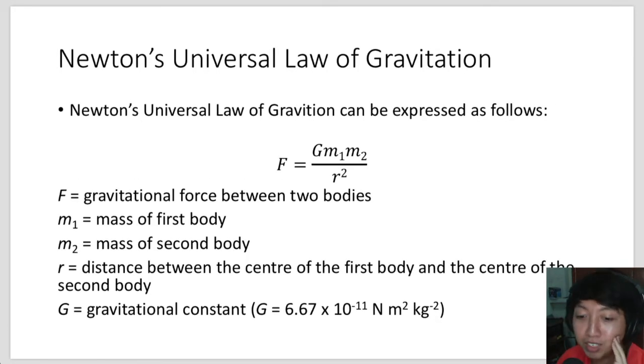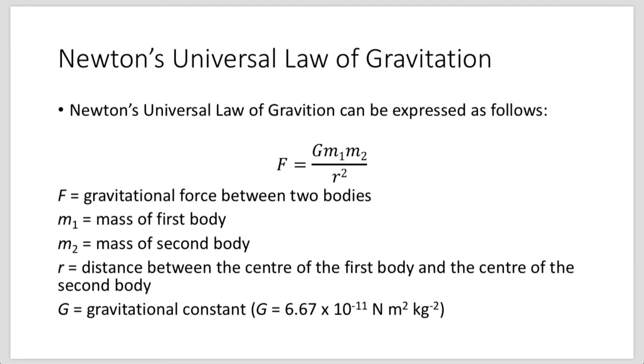Okay, back to the equation that we are talking about. Newton's universal law of gravitation can be expressed as follows: force equals G m1 m2 over r square. So gravitational force is the force of the gravity between two bodies. M1 is the mass of the first body, so you need to know the mass of the first body or first planet or first object.